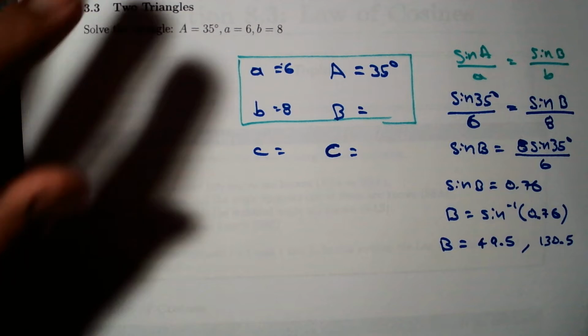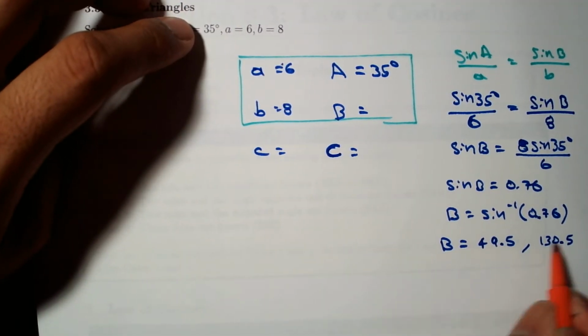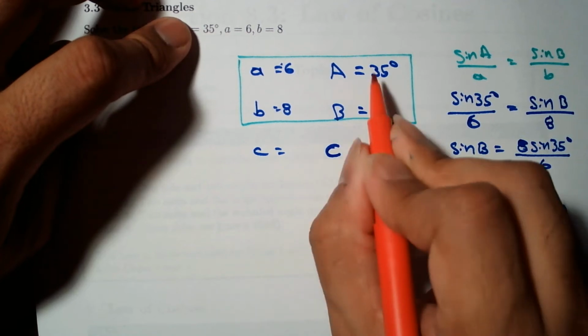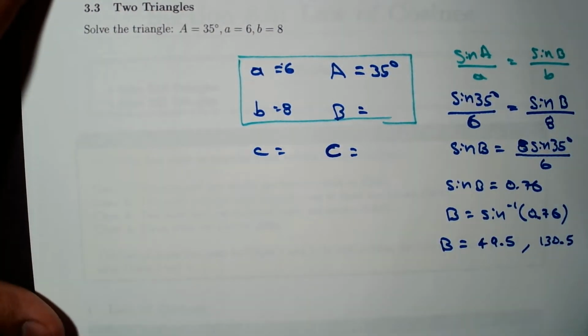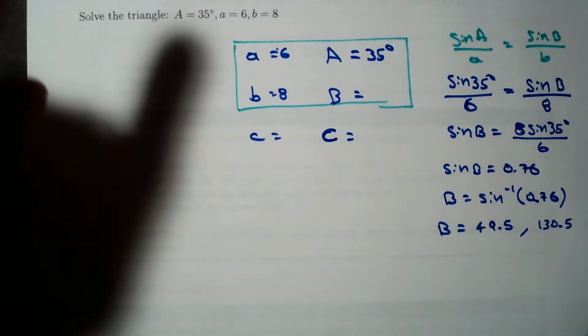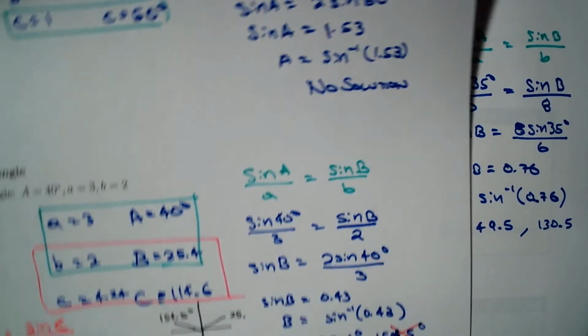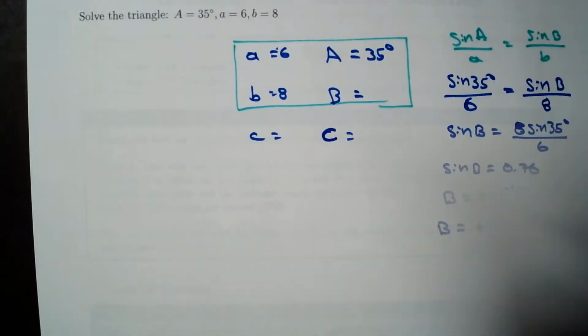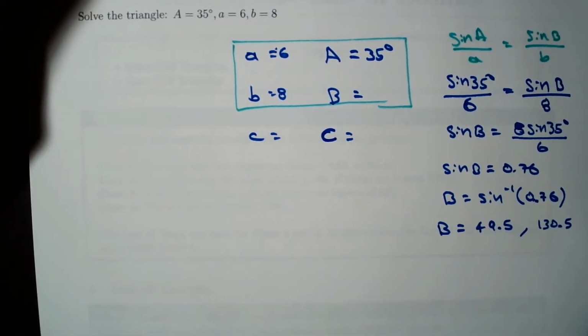All right, so let's test whether adding each of the B's with A is still going to be under 180 degrees. If it is, then we have two angles. Otherwise, just like in the previous example in which it failed because it got over 180, then that would be only one angle.